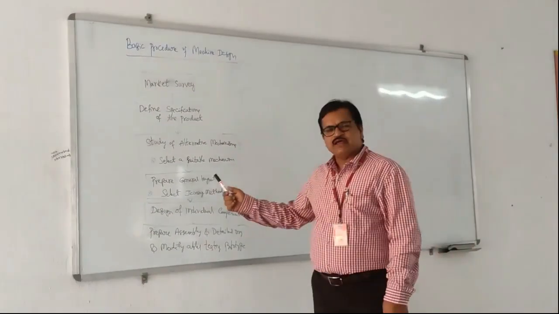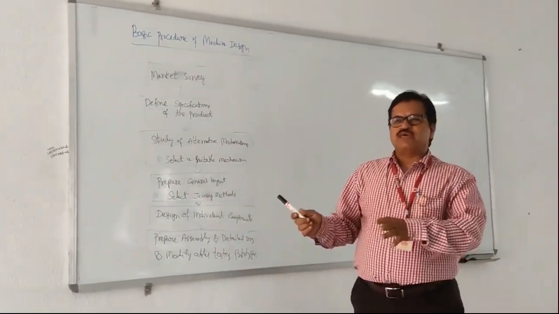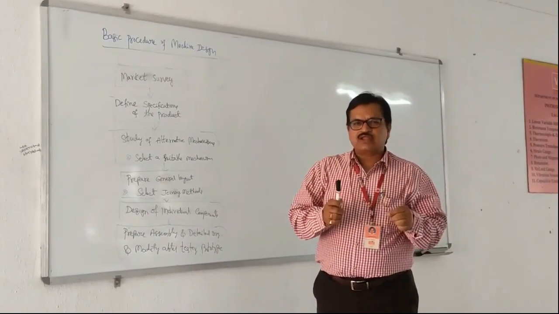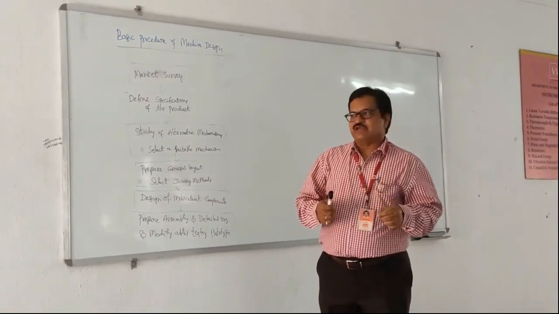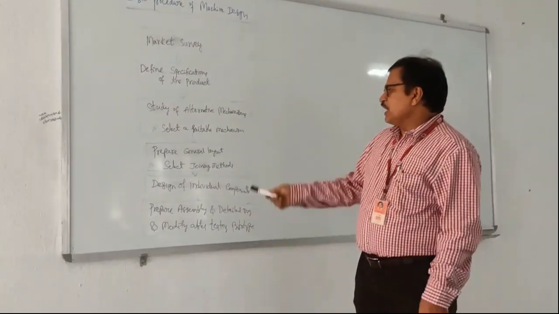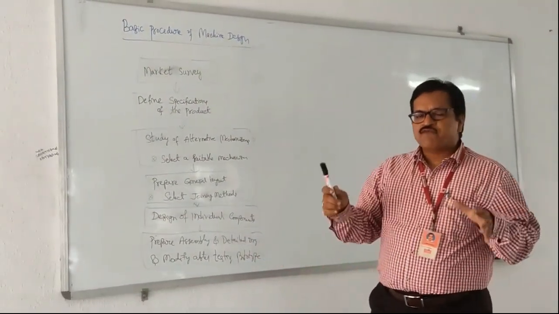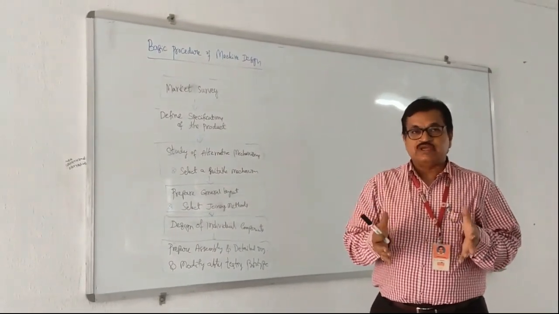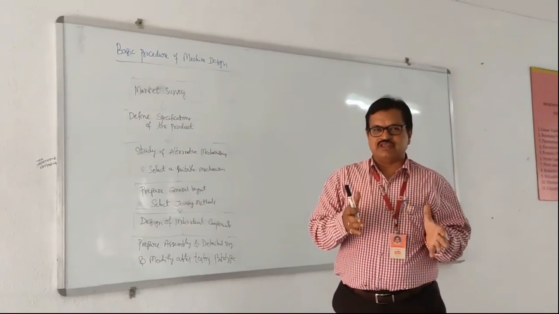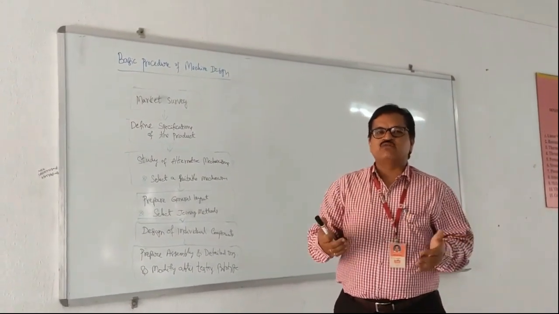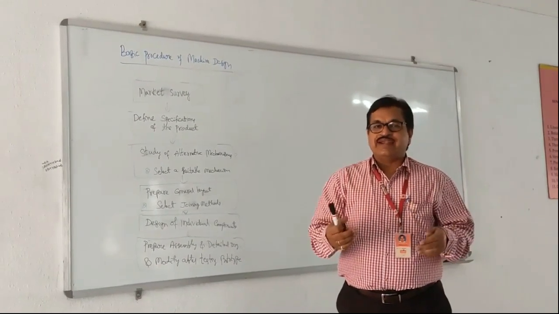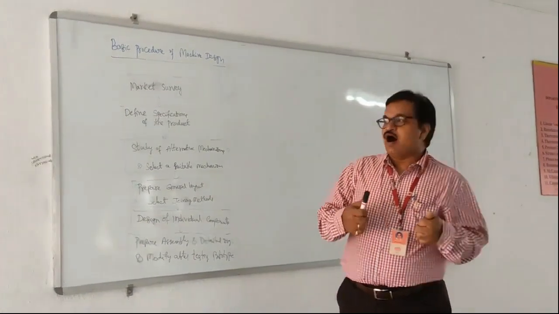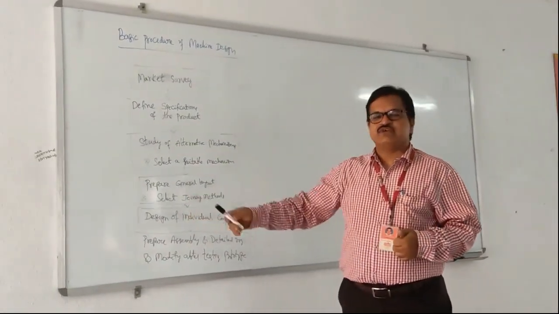Depending on the requirement, we are going to place these machines in such a way that they are going to cater to the needs of the manufacturing. That is called general layout. And this joining methods: after making different components, these components should be joined or assembled in such a way that finally the product that comes out is useful, easy to assemble or disassemble, and functioning properly. All these come under the selection of joining methods.